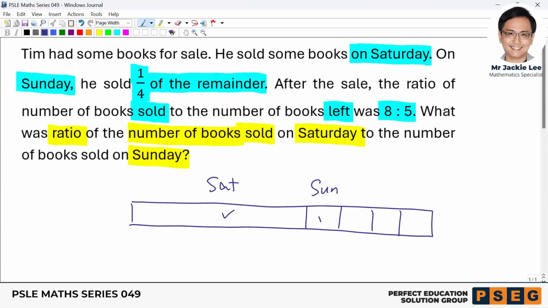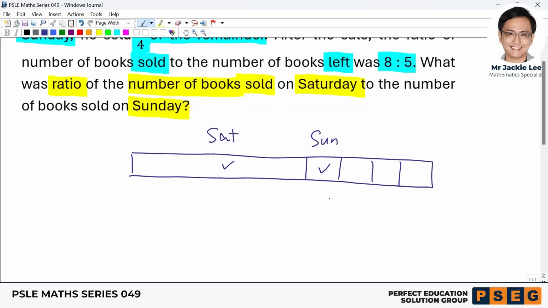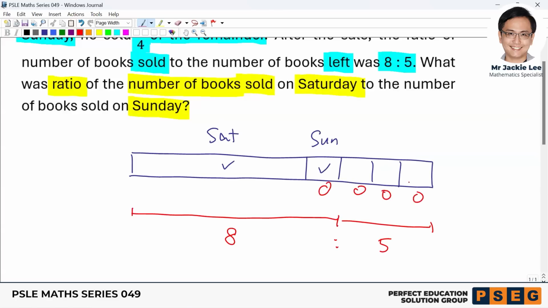So these are the ones that are actually being sold. And the number of books that are being sold versus unsold is actually 8 to 5, all right? Okay, now I think we have to come up with a suitable value for all these first. I think starting maybe we will try just using 1u, right? 1u here.